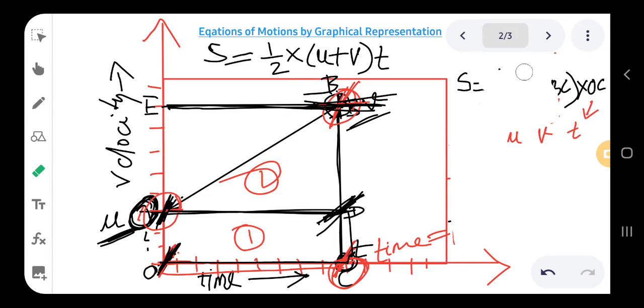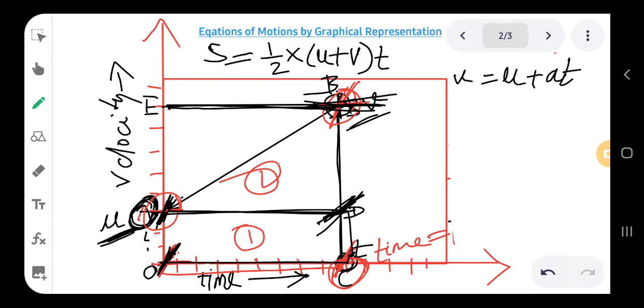Again, let me raise it from the first equation. Can you remember the first equation? From the first equation, what did we get? We got V equals U plus AT.